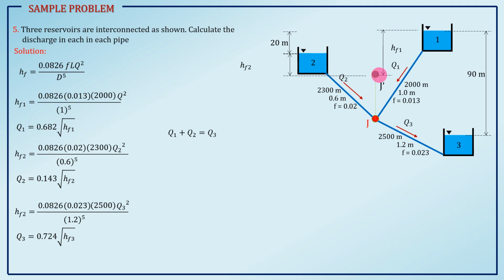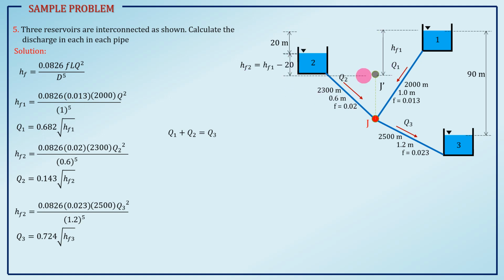From reservoir 1 up to here, HF1. Now, we have this distance from the water surface elevation up to J prime, that is your HF2. So, HF1 is equal to your 20 meters plus HF2. So, we will have a relationship between HF1 and HF2. So, HF2 is equal to HF1 minus 20.